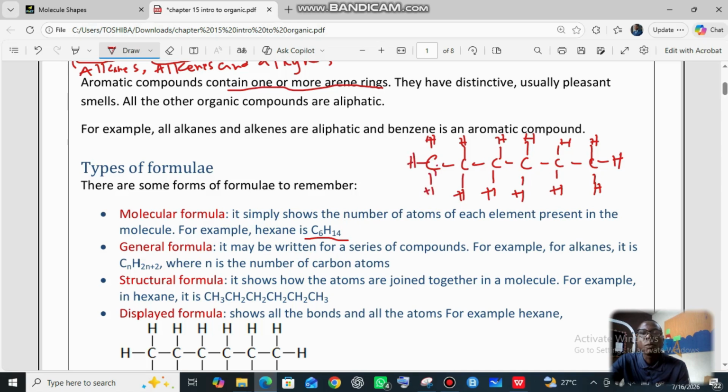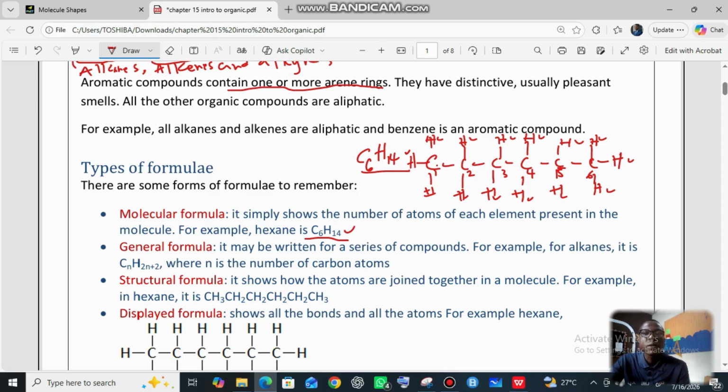When we count the carbon atoms, they are 1, 2, 3, 4, 5, 6. So 6, that's the C6. When you count the number of hydrogen atoms, 1, 2, 3, 4, 5, 6, 7, 8, 9, 10, 11, 12, 13, 14. So C6H14. And this is referred to as a molecular formula.